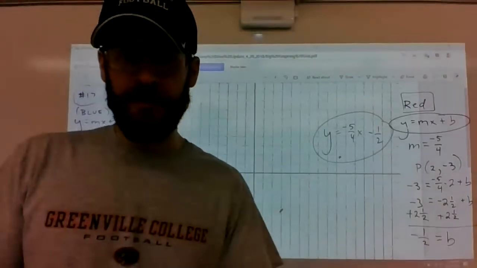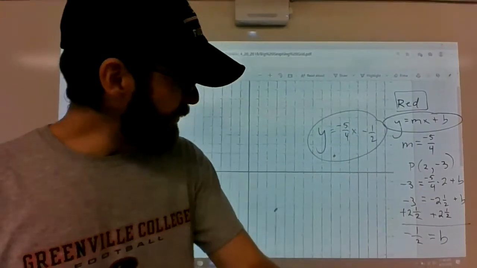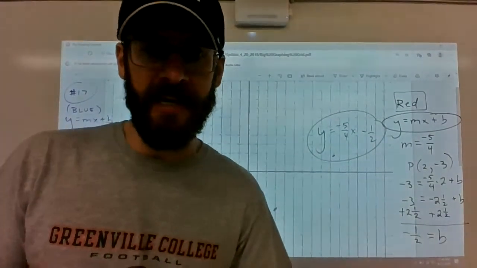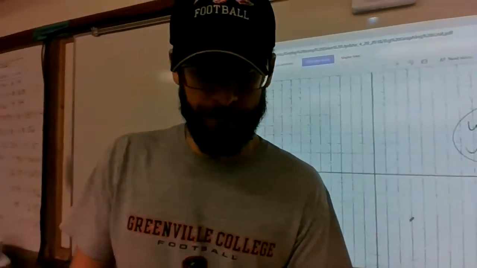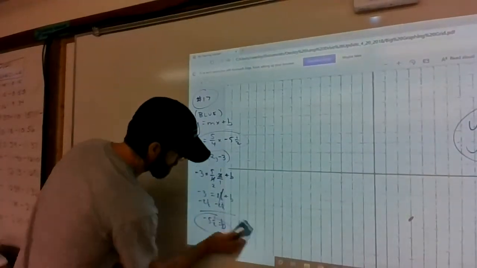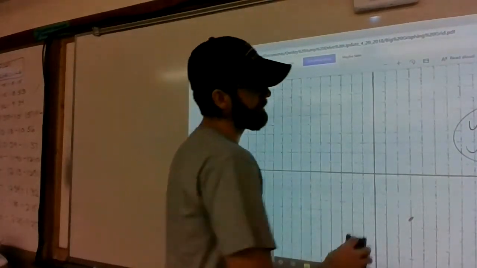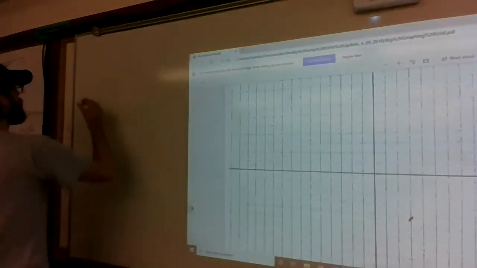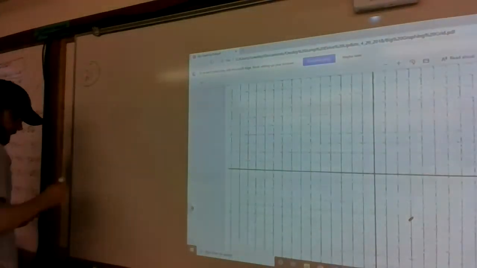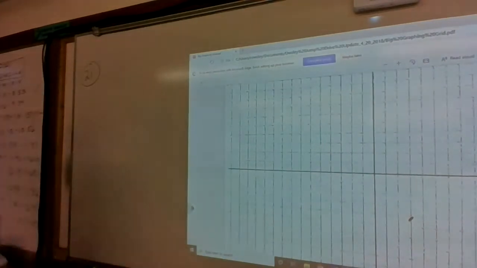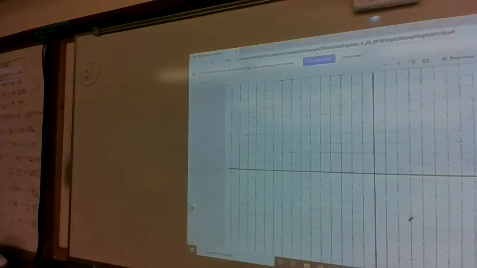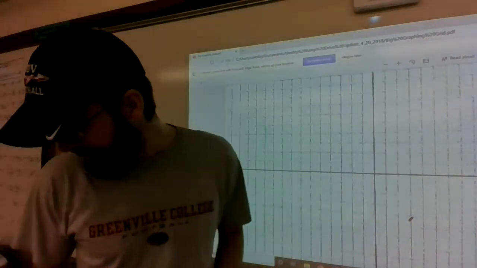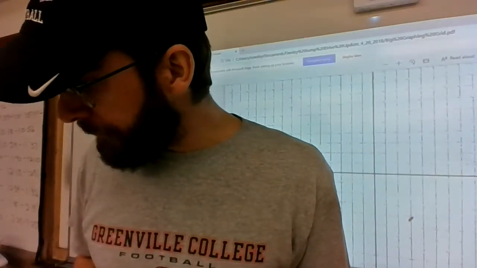Okay, turn your attention now to number 21. I don't think I need the graphing grid, but I'll just keep it handy just in case we need to reference it. So 21 asks to find a general form of the equation of the line through the point A that satisfies the given conditions.